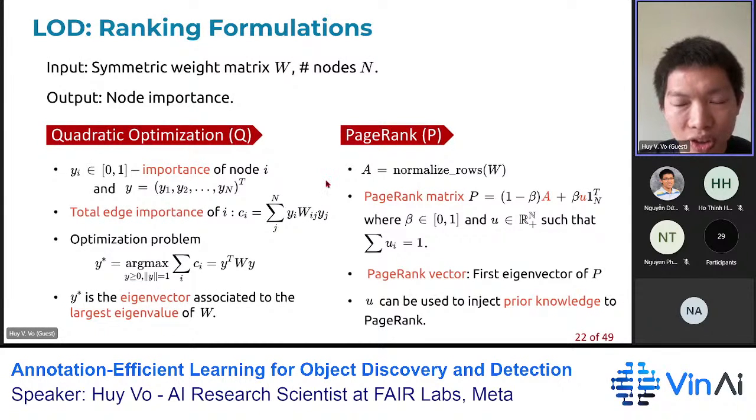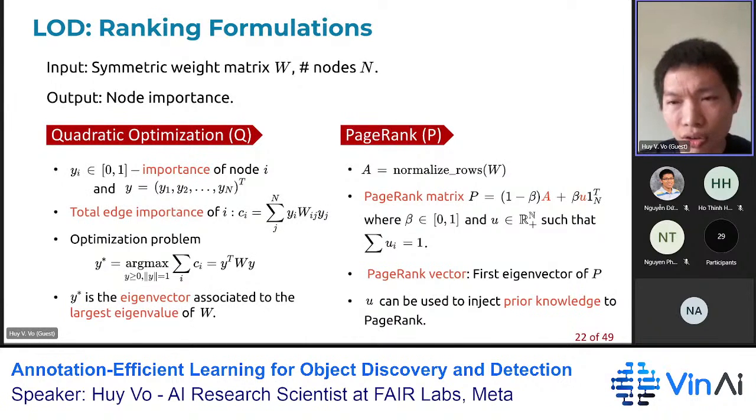The second formulation that we consider is PageRank, in which the node importance is given by the largest eigenvector of the PageRank matrix, which is a linear combination between a normalized version of W and another term controlled by a vector U that we call the personalized vector.